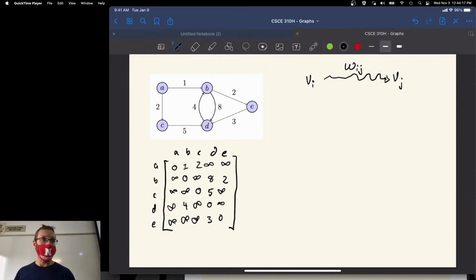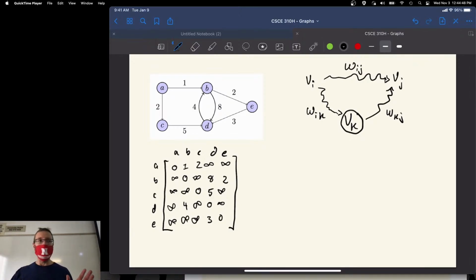But now let's think about going to another vertex. And again, let's keep it general, let's keep it inductive. What if I considered V sub K as an intermediate point? Okay? In other words, I'm going to go from V sub I to V sub K somehow. And then once I stop there, I continue my journey over to V sub J. Using the same notation here, W sub IK and W sub KJ, those will be the weights of those two intermediate paths.